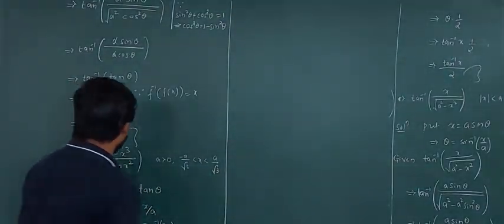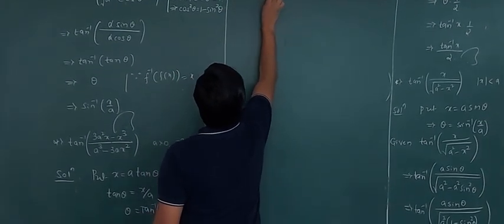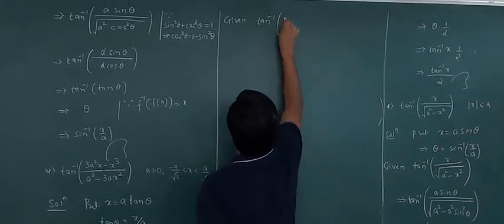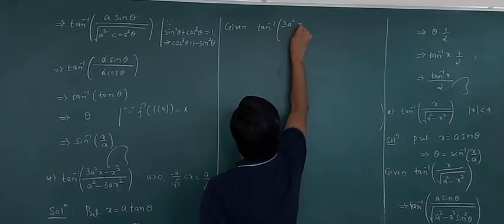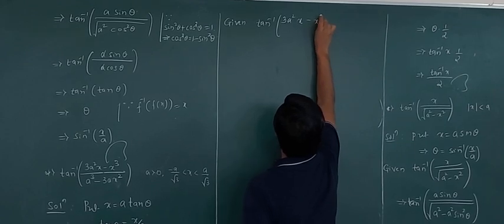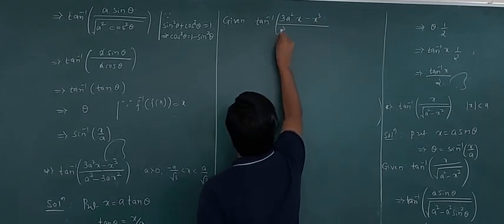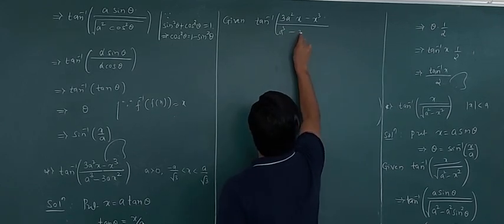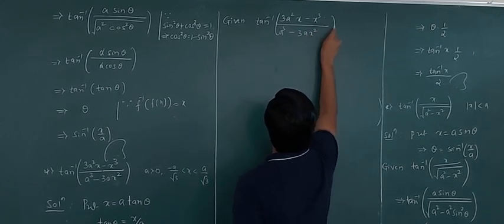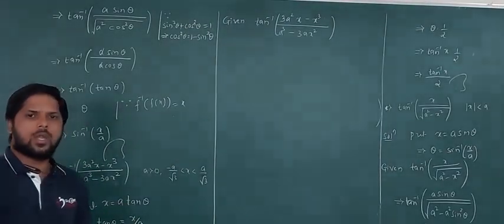After substituting, given is tan inverse of 3a square x minus x cube divided by a cube minus 3a x square. Now substitute x equal to a tan theta.